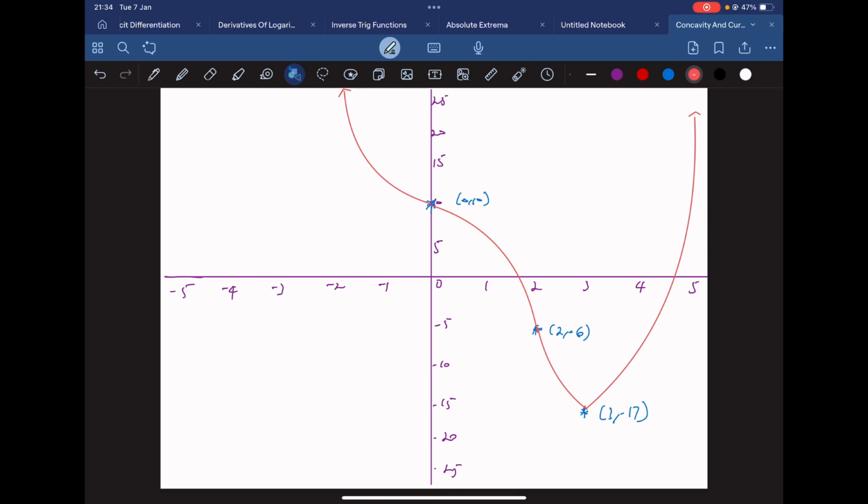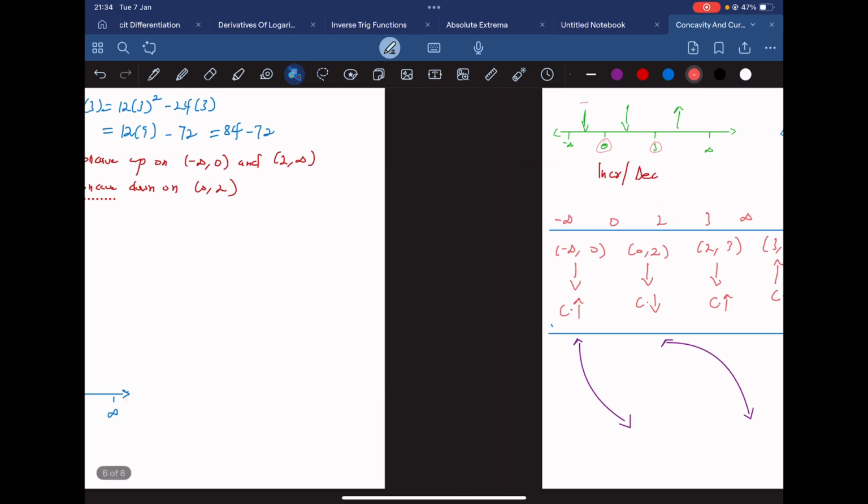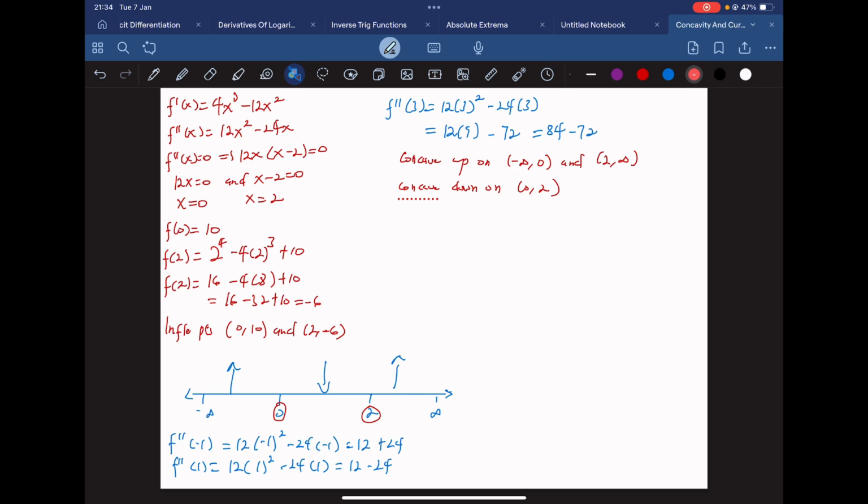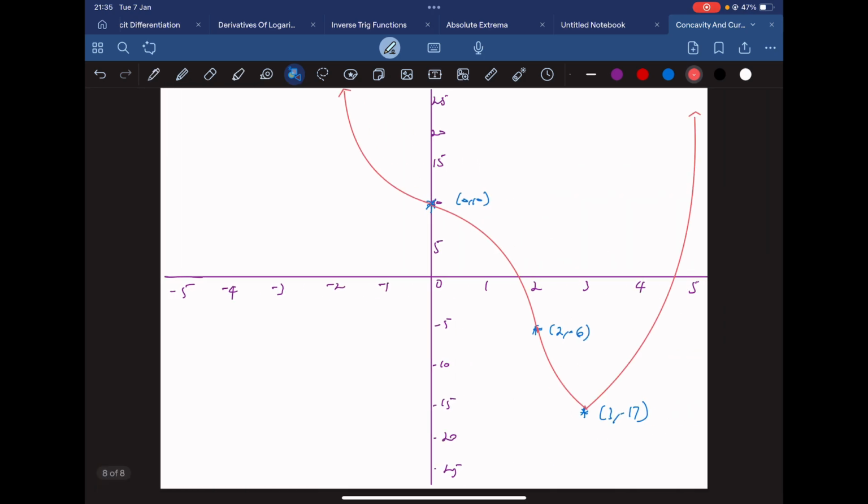So now let's look at what we had. We said that the function is concave up on negative infinity to 0. You see, clearly it's a U shape, so meaning it's concave up. And it was also concave up on 2 to infinity.